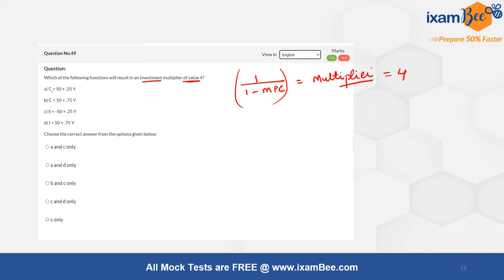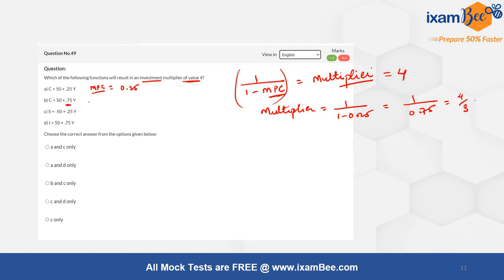Now here C is equal to 50 plus 0.25 Y, so the slope 0.25 is the marginal propensity to consume. From this consumption function we know that MPC is equal to 0.25, right? So when MPC is 0.25, the multiplier is equal to 1 upon 1 minus 0.25, which is equal to 1 upon 0.75, which is equal to 4 by 3, right?